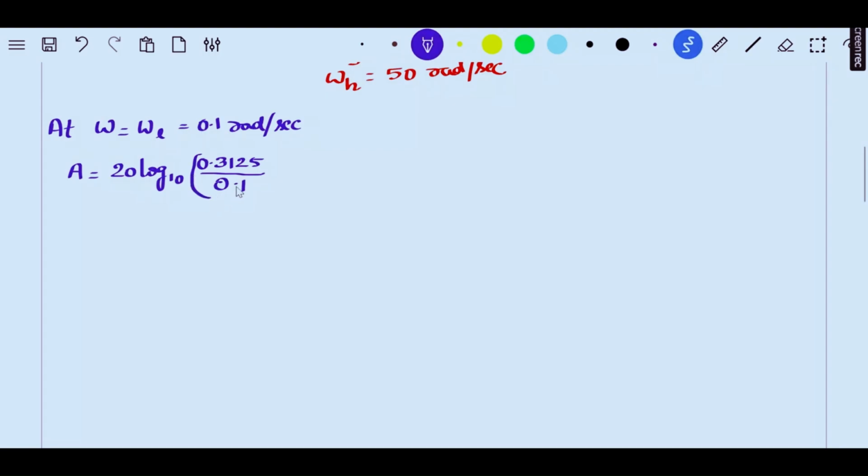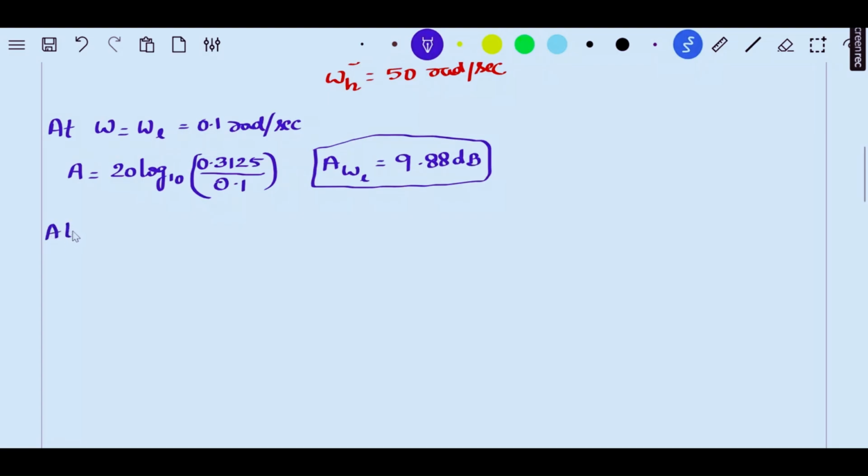Let me take the calculator and find 20 into log of 0.3125 divided by 0.1. So I get A at omega L, which is 9.88 dB. So this is the first magnitude value that we have got, 9.88 dB.